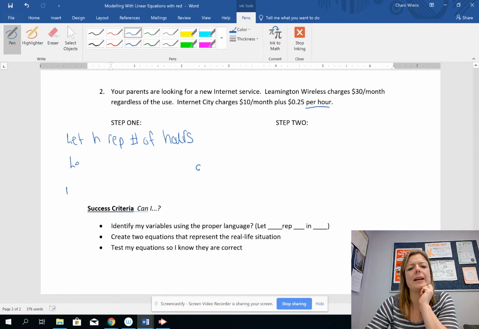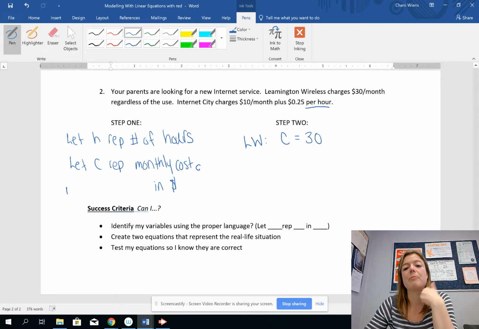And we're going to say let C represent monthly cost, be specific, in dollars. So first we have Leamington Wireless. Now their cost is $30 for the month, no matter how much. So in fact, this equation only has 30. That's fine.